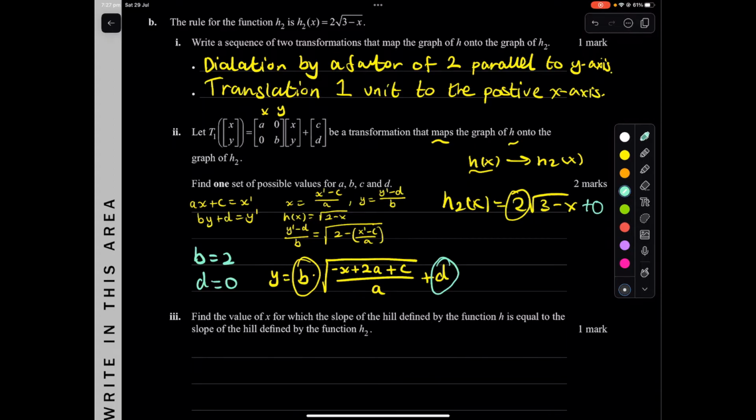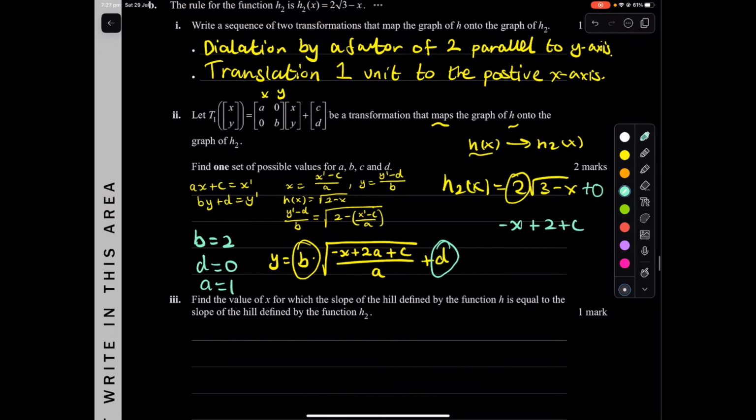So what we want to do is, normally the graph, if a equals 1, the inside will be negative x plus 2 plus c all over, and we can say that 2 plus c must actually equal the value here, which is 3, so c equals 1.